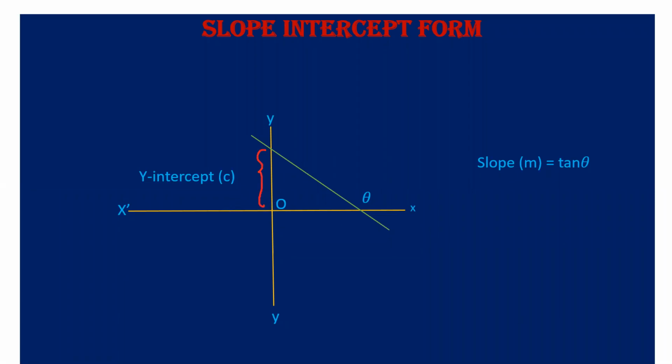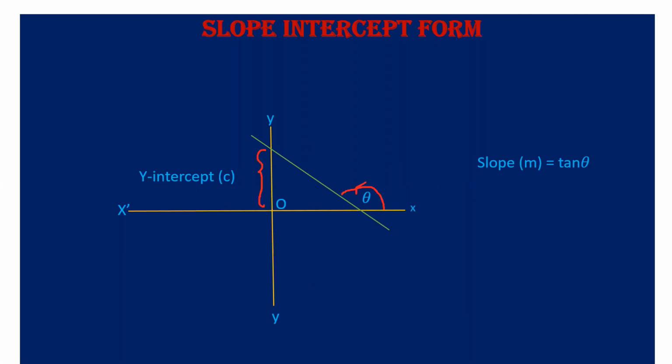Now you must be wondering why I have represented the y-intercept by the small c. The x-intercept is not visible here. So here is only the slope of the line and the y-intercept.